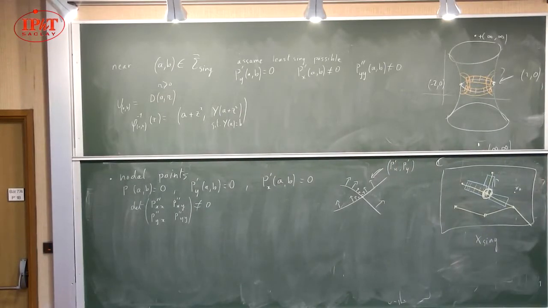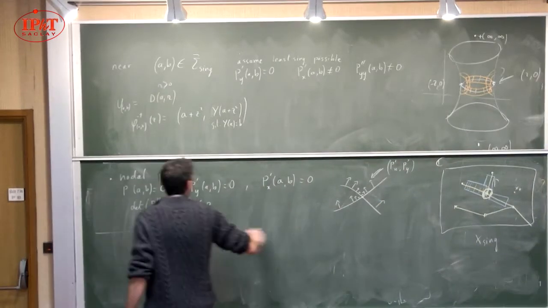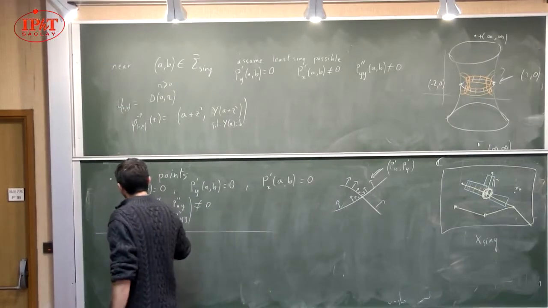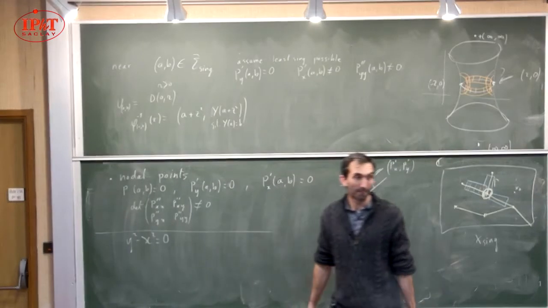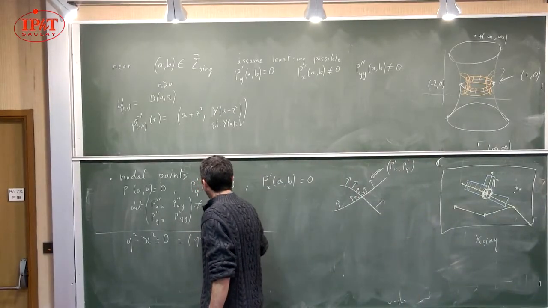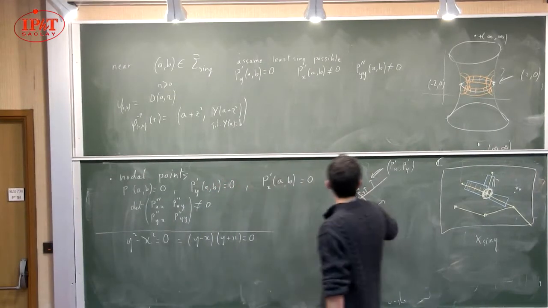So that will give the less singular kind of nodal points, but you can also have more singular nodal points. But let's assume that. So a typical example of this situation is the equation y squared minus x squared equals 0, which is just the same thing as (y minus x) times (y plus x) equals 0, so it will look like that.